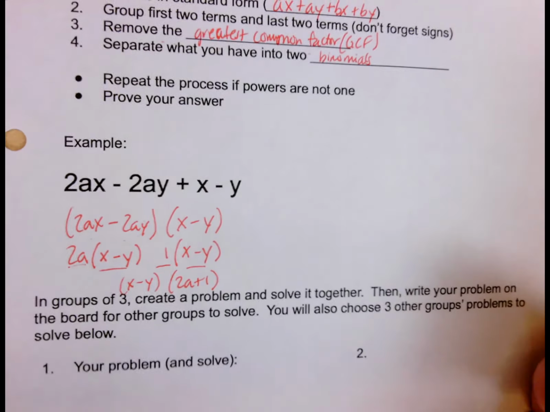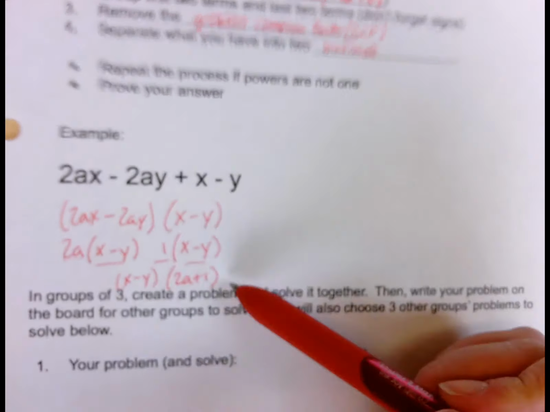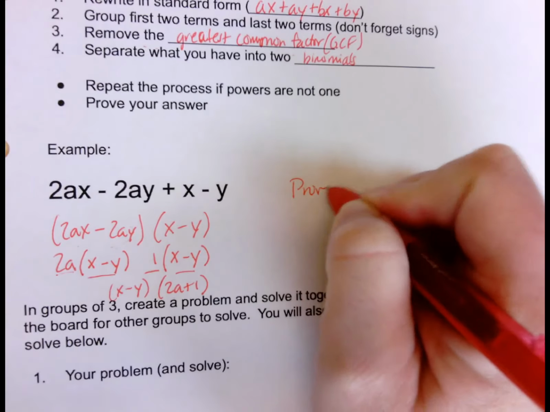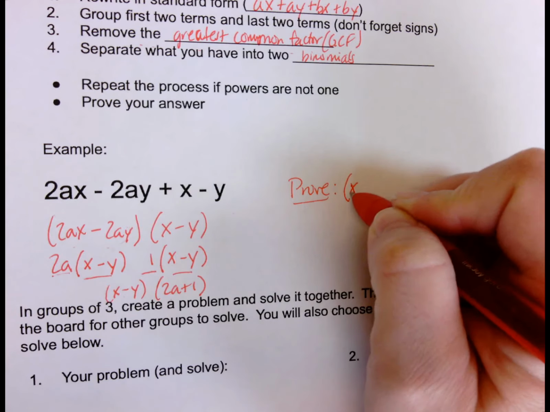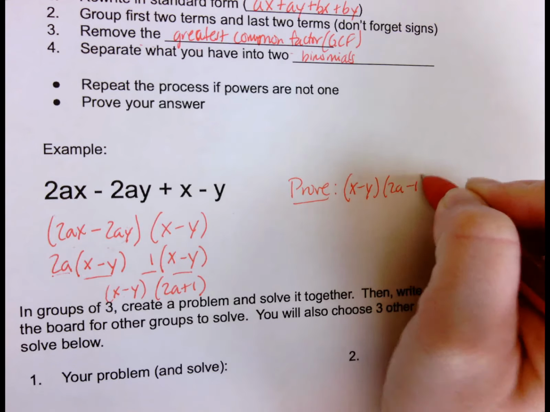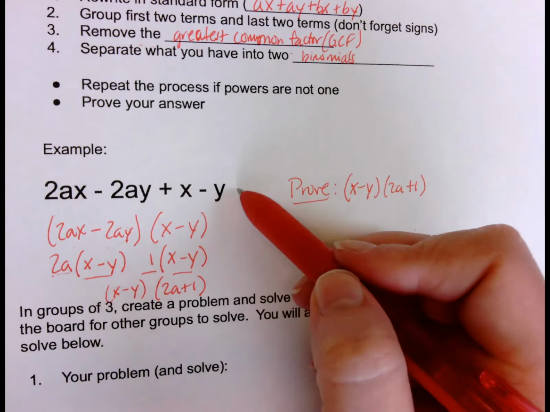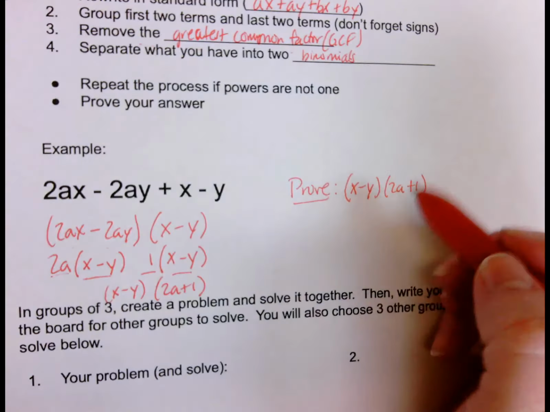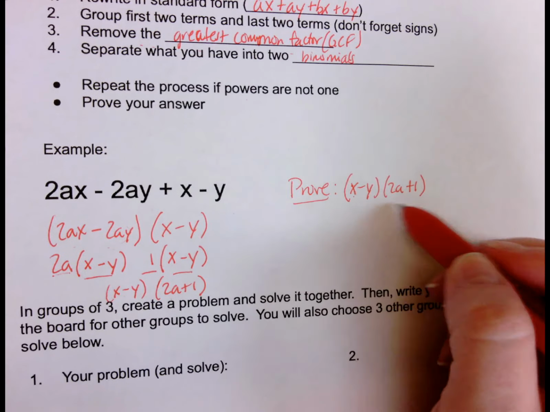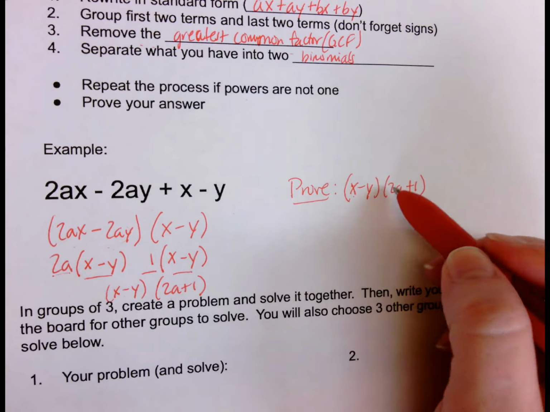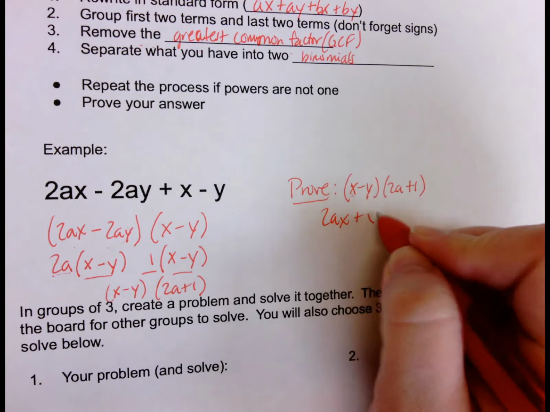Now, our process doesn't need to be repeated because all of our exponents are 1, but we do need to prove our answer. So we're going to take that x minus y and that 2a plus 1, and we're going to multiply it back out. And we're hoping to get what we started with. So remember, x has to be multiplied by both of these terms, negative y has to be multiplied by both of these terms. So x times 2a is 2ax, x times 1 is x.